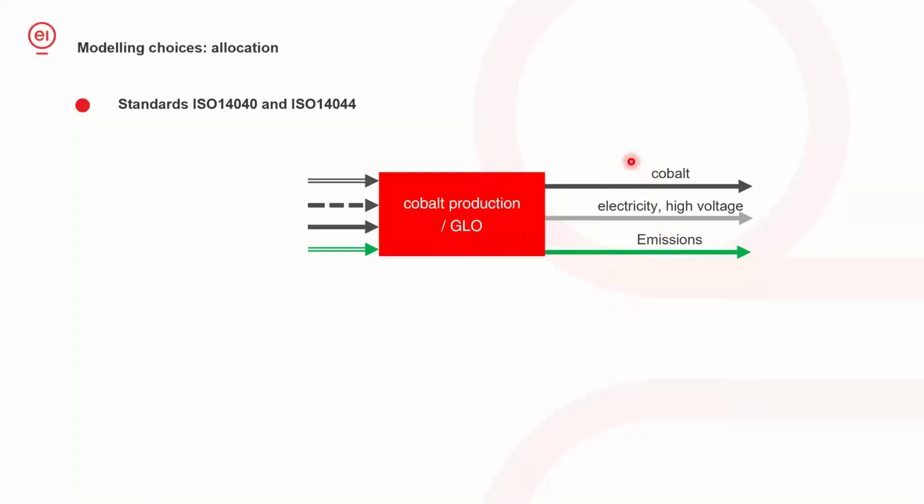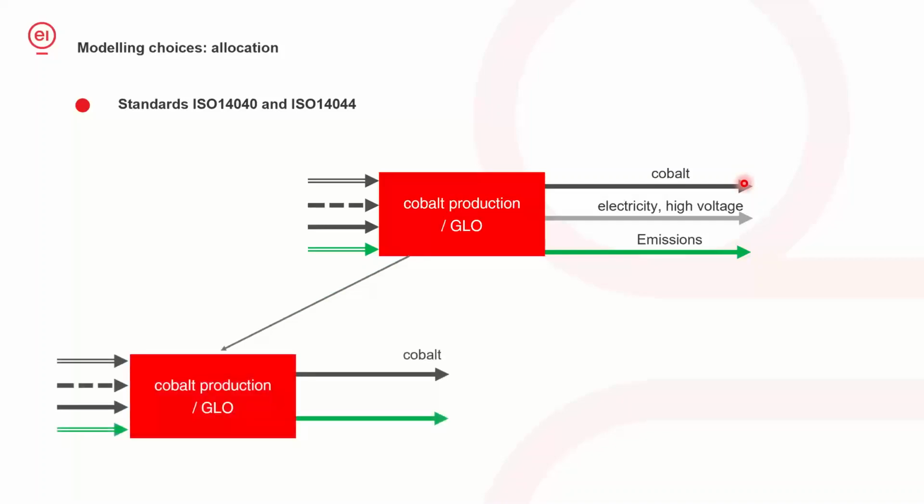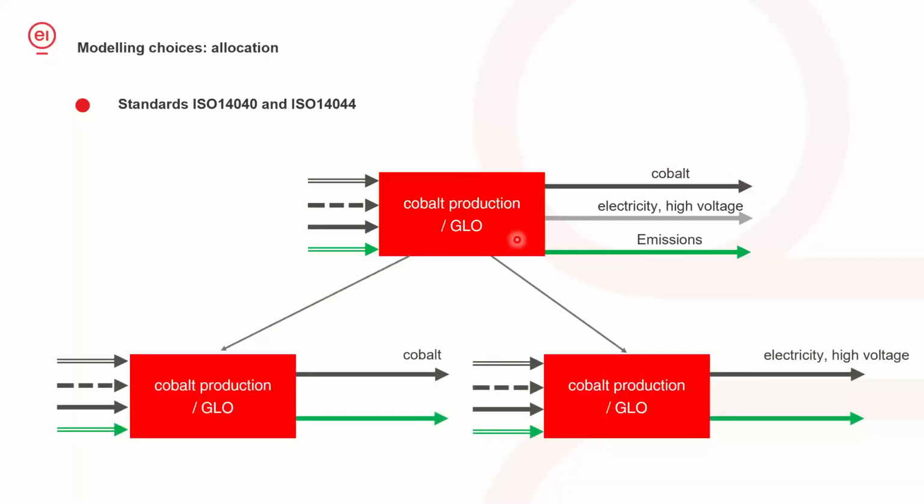We cannot physically disaggregate what inputs and outputs are associated with each of these products. So in this case, we will allocate from one activity with two outputs to two activities with a single output each. And in this case, we also allocate the inputs and outputs to the two activities.